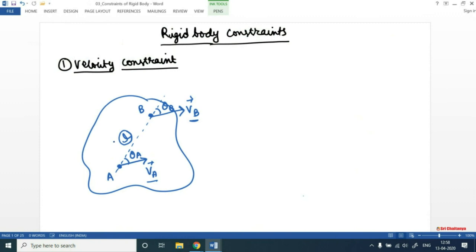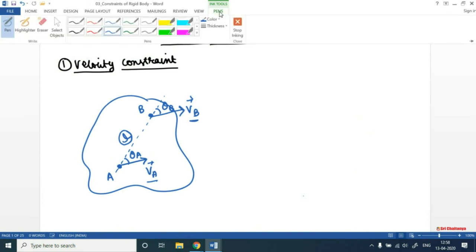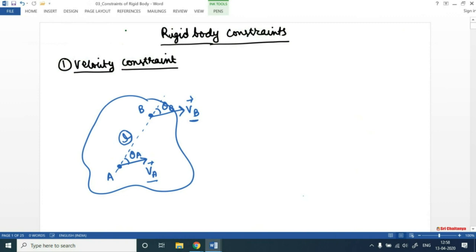So if the distance between A and B is not going to change, that means the relative velocity of point A and point B along the line of separation is going to be 0. For that, let's resolve the velocities of point A and point B into two mutually perpendicular components.